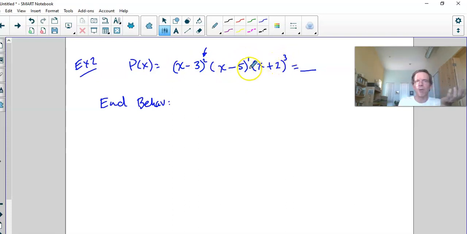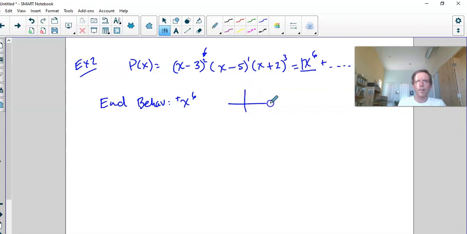Adding all the powers, 2 plus 1 plus 3 is 6. x to the 6th is going to be our first term, and there are all these other terms that we don't care about. The coefficients are 1, so it's 1x to the 6th, which is positive.